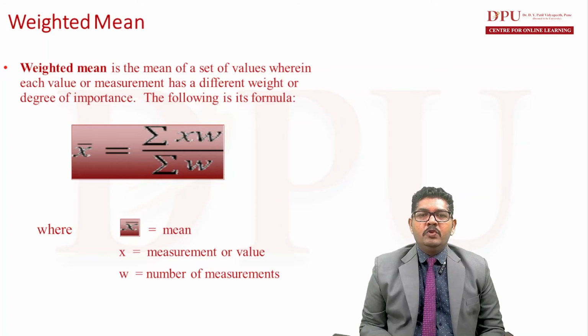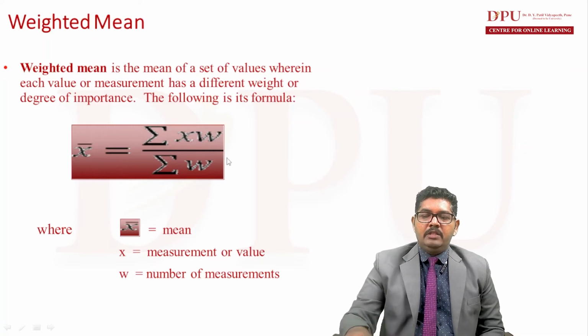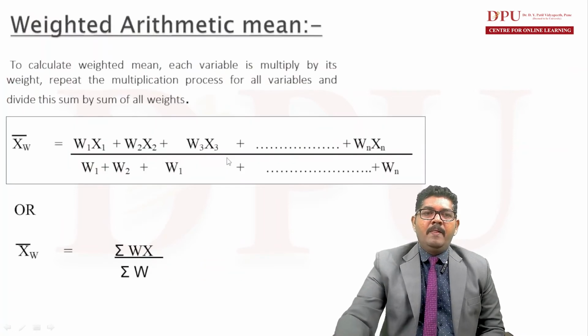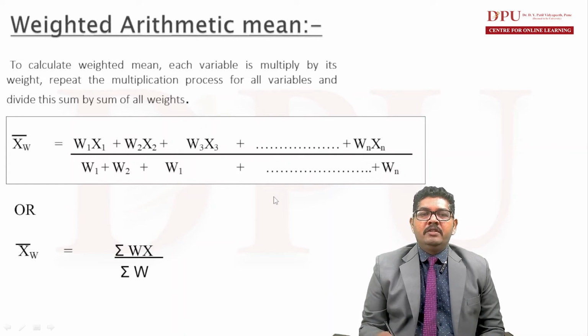x bar w is equal to summation of wx divided by summation of w, where w is the weight assigned to a particular observation, x is the individual observation, and x bar w is the weighted mean. So x1, x2, x3 are the various observations, and w1, w2, w3 up to wn are the weights assigned to individual observations according to their importance.